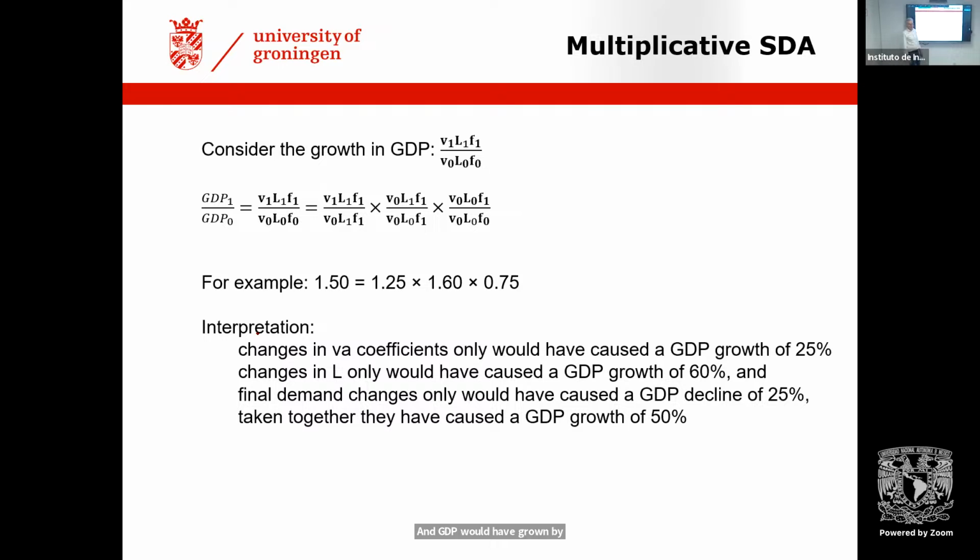And if only the Leontief inverse had changed and the rest had remained the same, then GDP would have increased by 60%. Here, the final demand changes would have led to a decrease of 25%. And multiplying these terms with each other gives you a total increase in GDP. In this example, 50%.